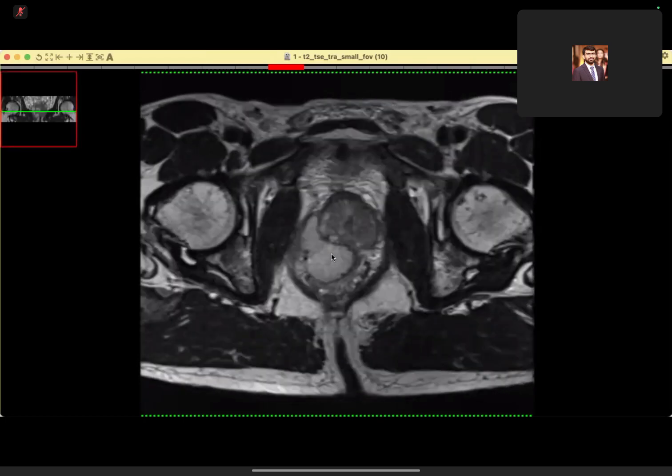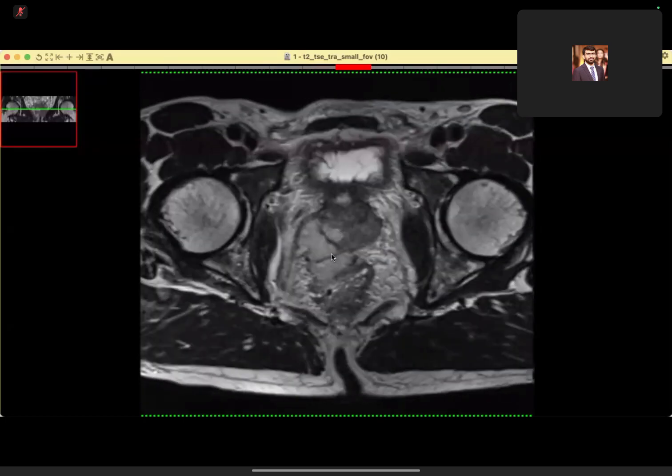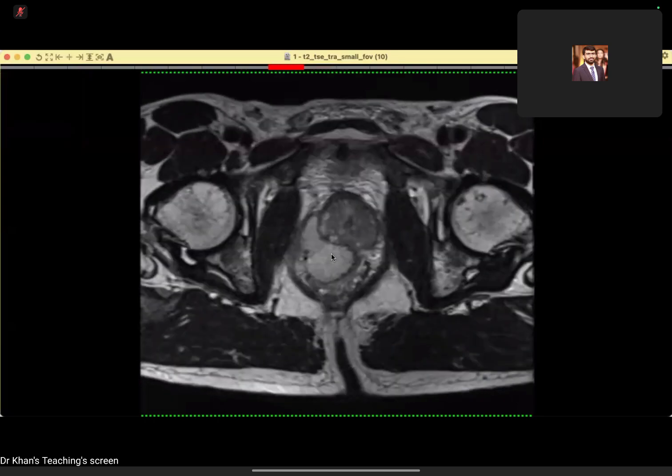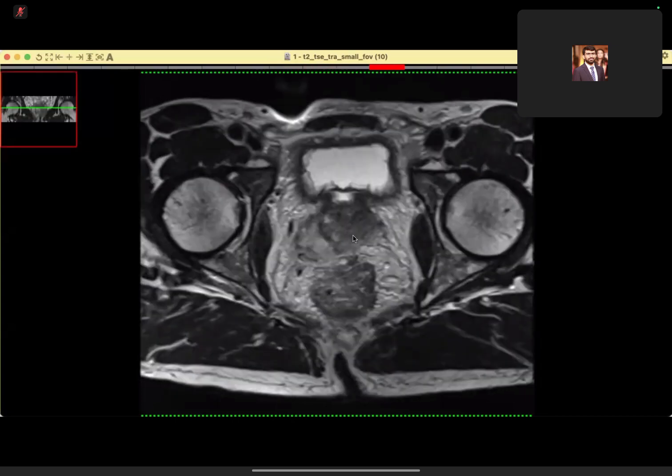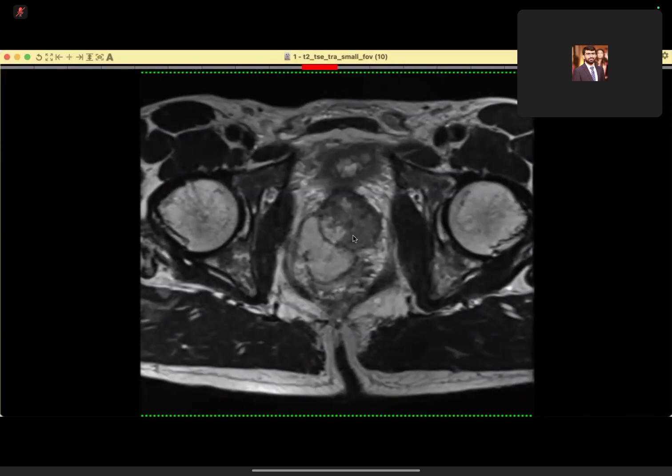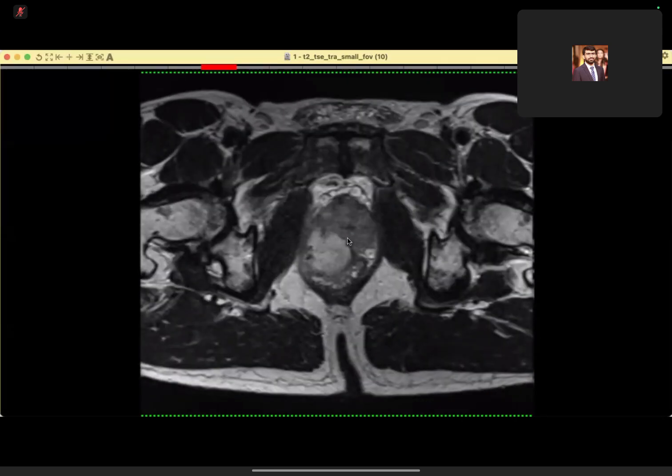This lesion is well defined, T2 hyperintense, and has some compression effects on the prostate. There are also T2 similar intensity signals within the prostate.